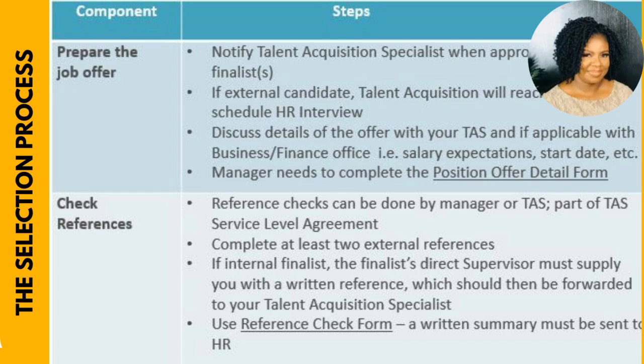When approaching the finalists, the moment you pick your best fit, prepare the job offer, notify the hiring team. If you are not part of them, if you are not the one heading them, notify your superiors. If external candidates, talent acquisition should reach out for an HR interview the moment you have your best fit.